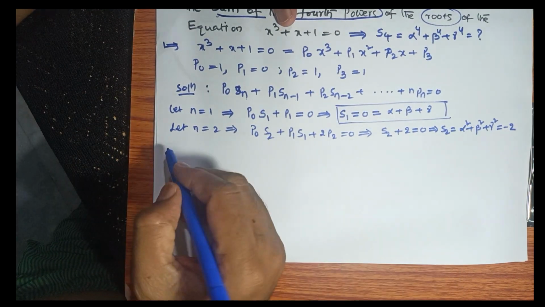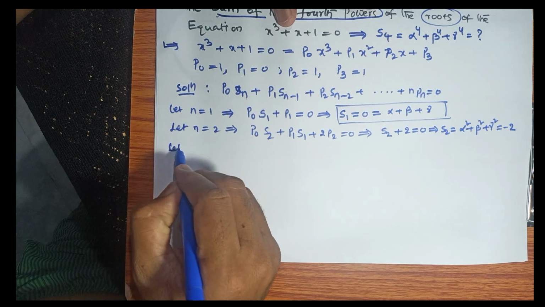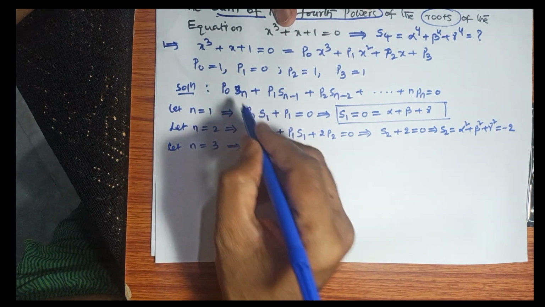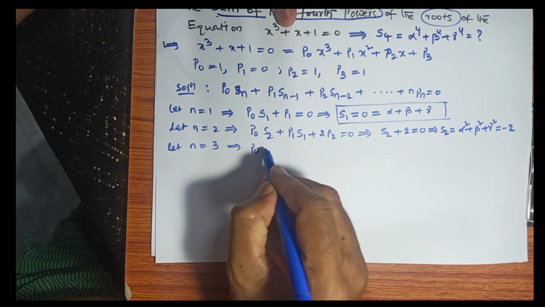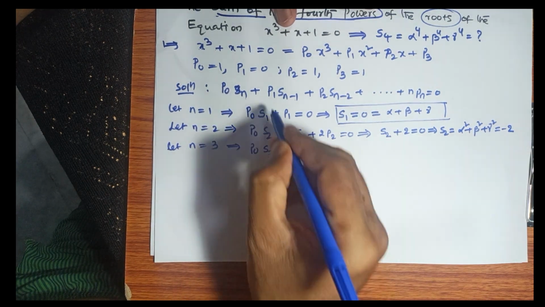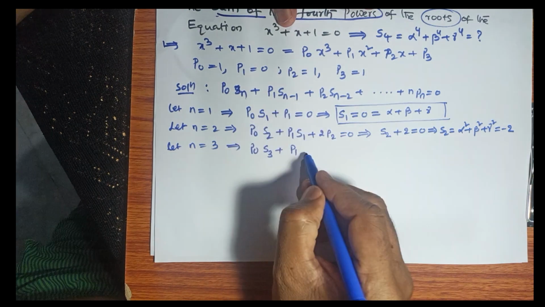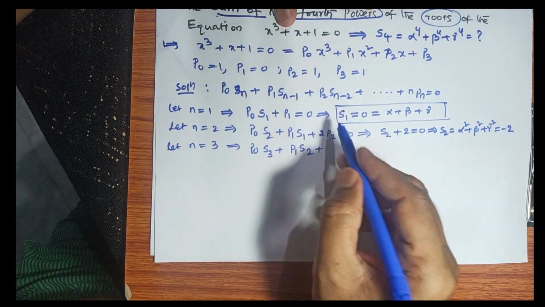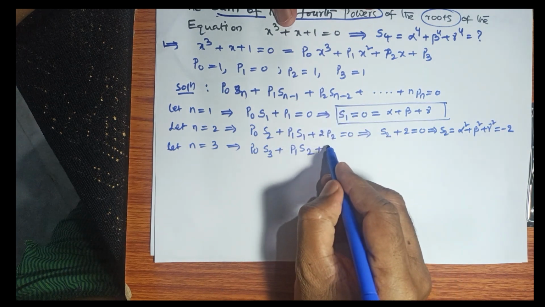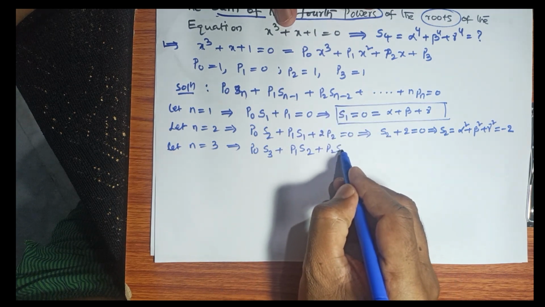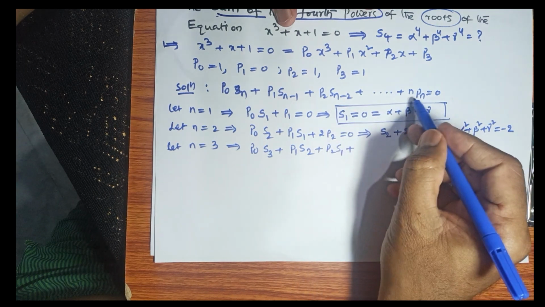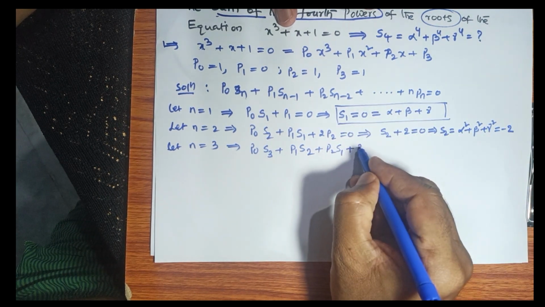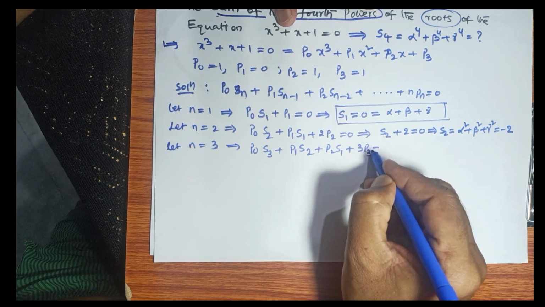Okay, now let n is equal to 3. For n equal to 3, it is P0 S3 plus P1 S2 plus P2 S1, and then S0 will come, so we have 3P3 is equal to 0.